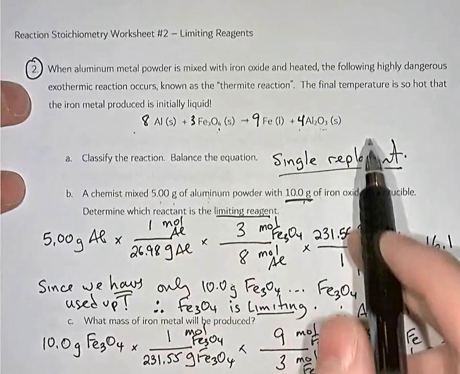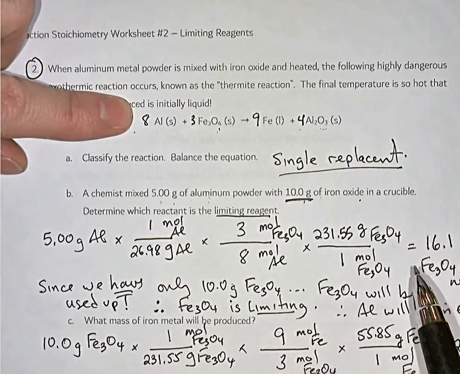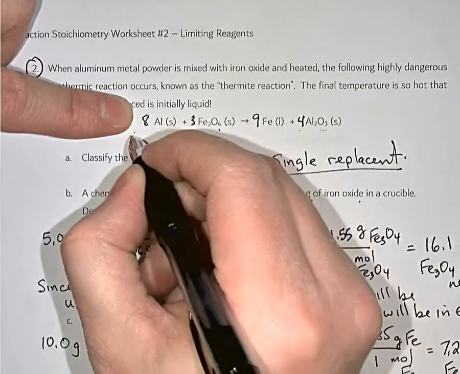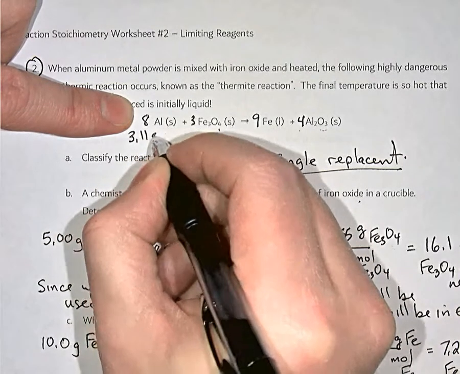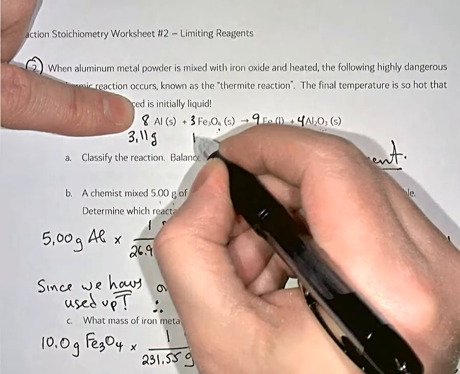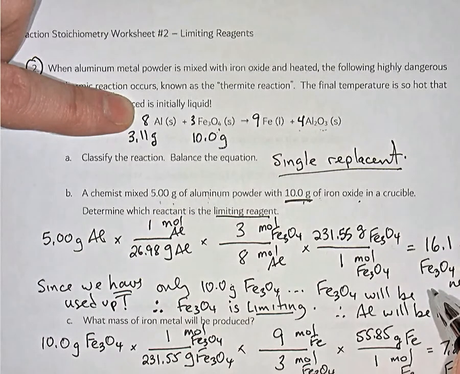So if you look back at our chemical reaction at the top of the page, I'm going to write some numbers underneath. We've already determined that 3.11 grams of aluminum would react. That was the answer in part D. We know the iron oxide is completely reacting, and its mass was 10 grams.